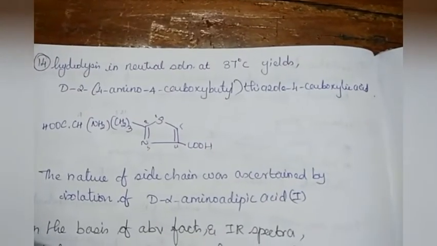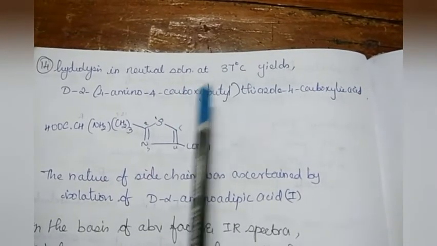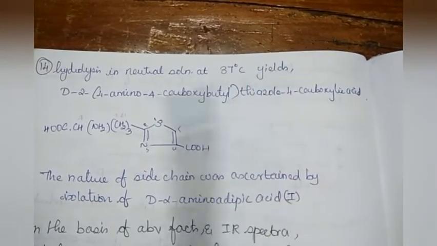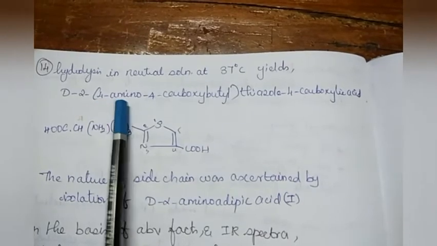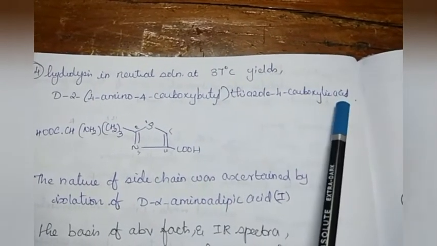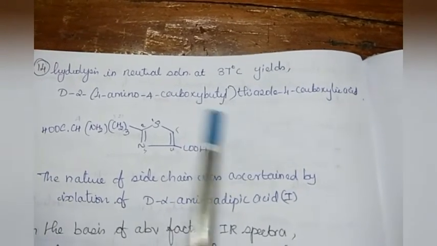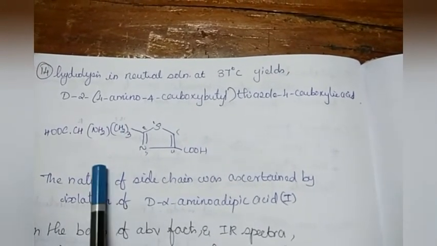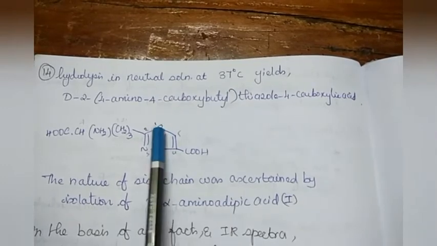Hydrolysis of cephalosporin C in neutral solution at 37 degrees Celsius yields D-2-(4-amino-4-carboxybutyl)thiazole-4-carboxylic acid. This is the structure of this compound. You can number it as 1, 2, 3, 4.